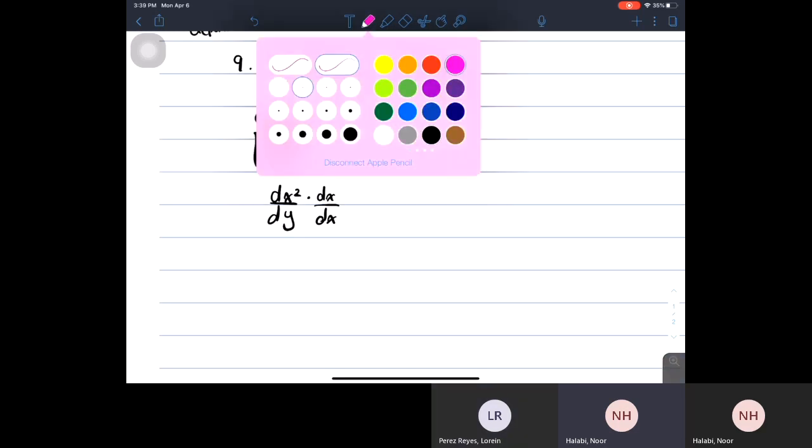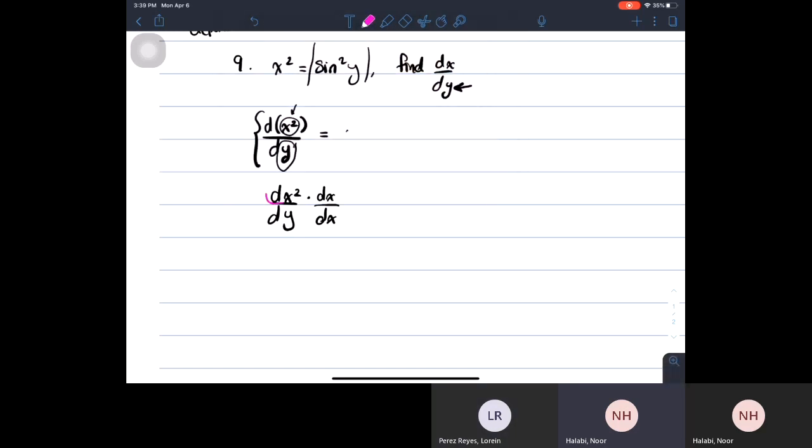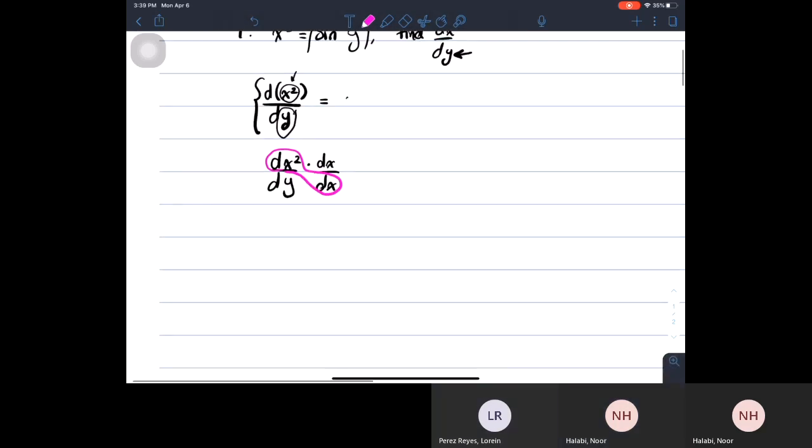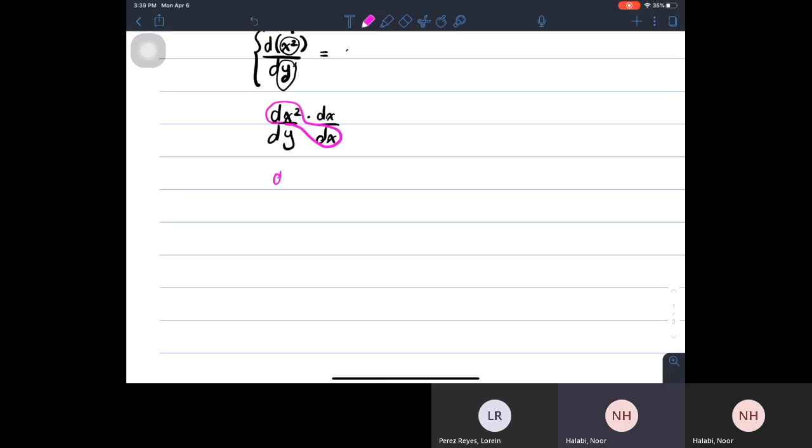If it's dx squared over dx, that is a derivative I can take, because it's x on the bottom and a function of x on top.